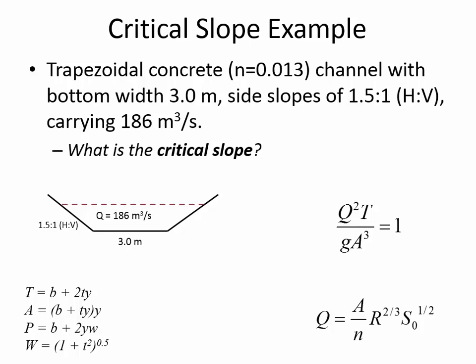Okay, so I've substituted in this formula for T in the top, this formula for A in the bottom, cubed, and where I know the bottom width is 3, I've put in B equals 3, and for the side slope equal to 1.5, I've put that in. But for this formula, basically what we're going to try and solve, we're saying is equal to 1.